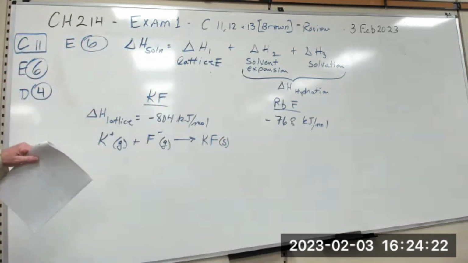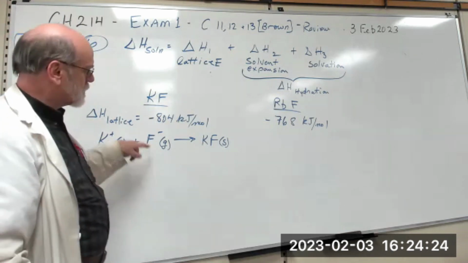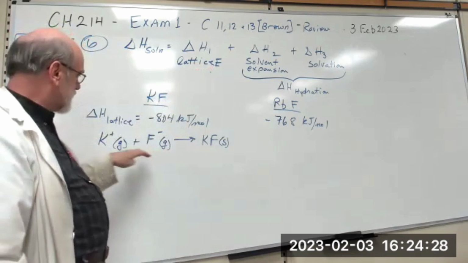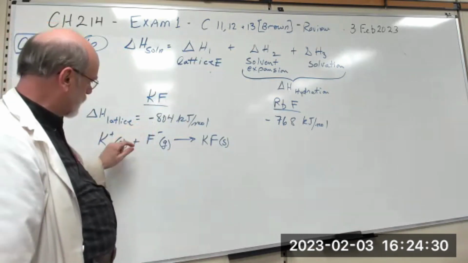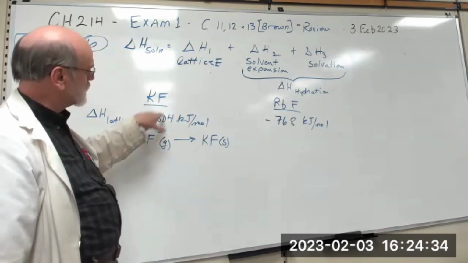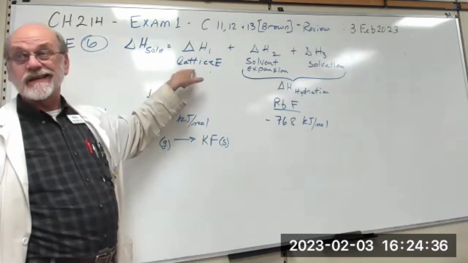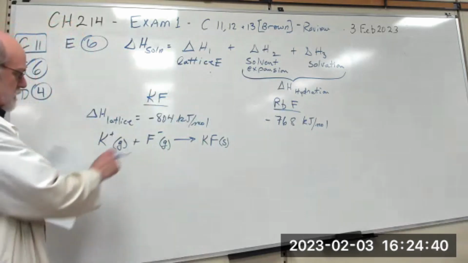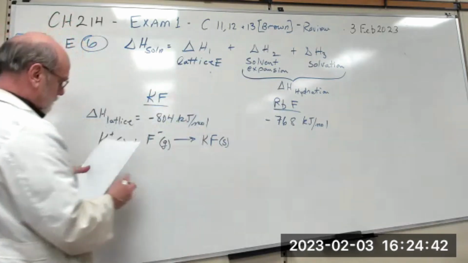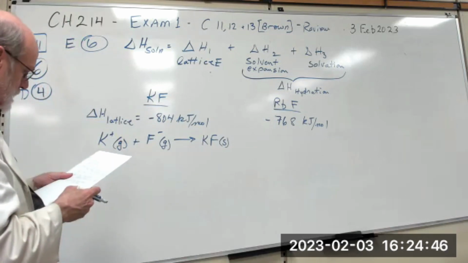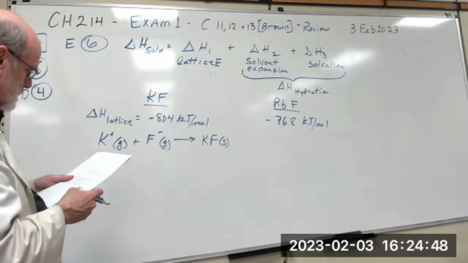But we're doing just the opposite here, right? This gives up energy, that much energy, when these come together and form that. So that means we've got to reverse the sign in order to fit it in here. Okay, and do the same thing for that one.